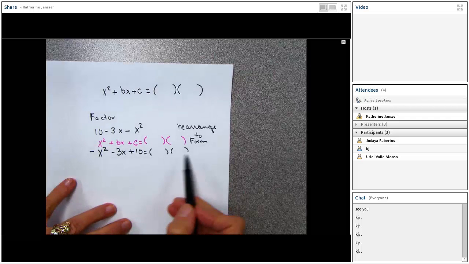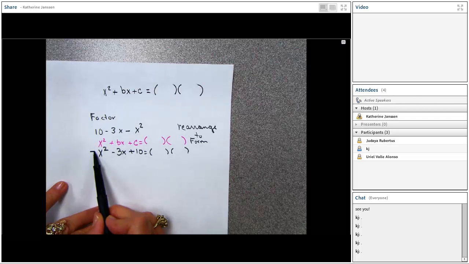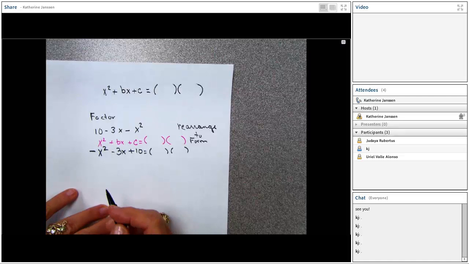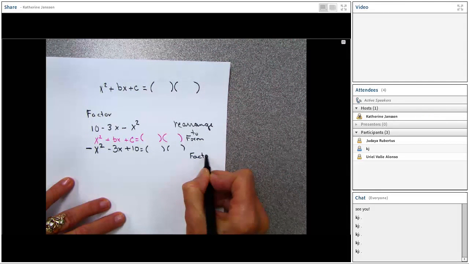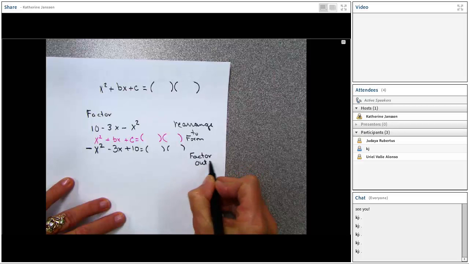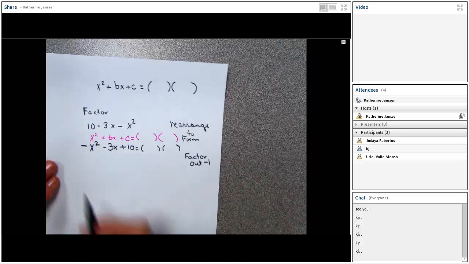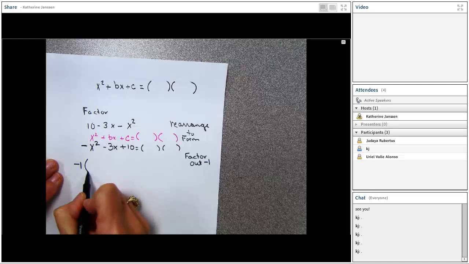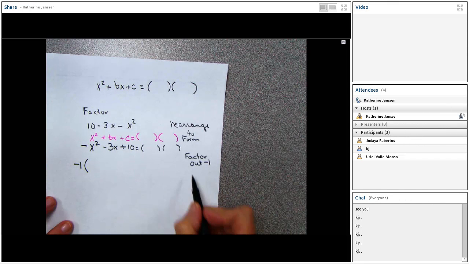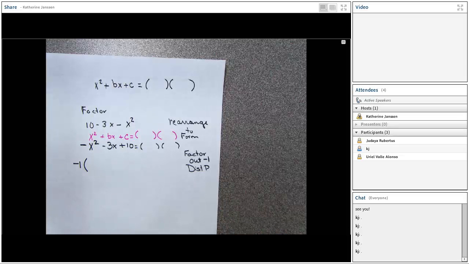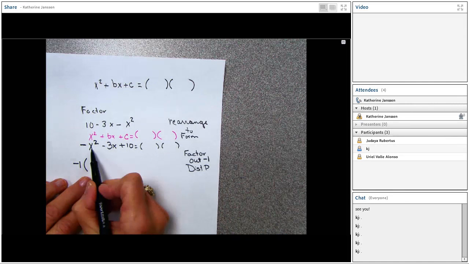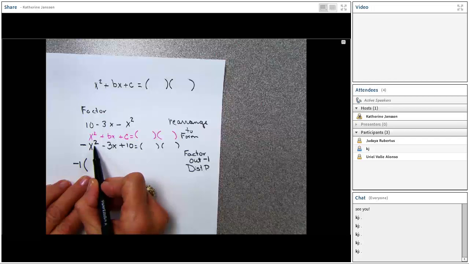Now another tip or hint: when your leading term has a negative coefficient, we're going to factor that out. So I'm just going to take a negative 1 times and use the distributive law in reverse. A negative 1 times what would give you the negative x squared?